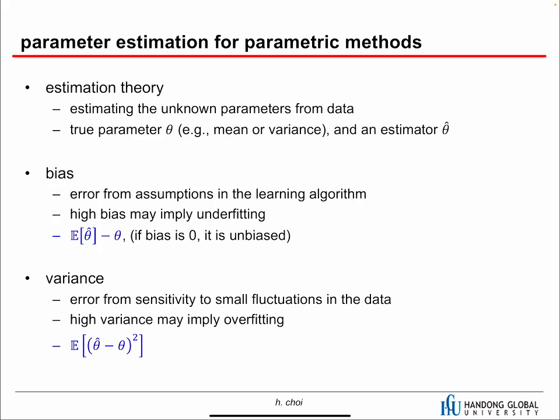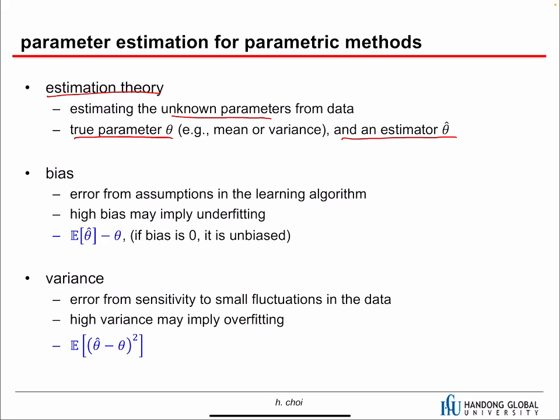First one, parametric methods. Before talking about parametric method, we have to talk about parameter estimation. Parameter estimation is a more general thing than just density estimation. In estimation theory, we want to estimate unknown parameters from data. Let's assume that there is a parameter theta, and then we have an estimator theta hat.